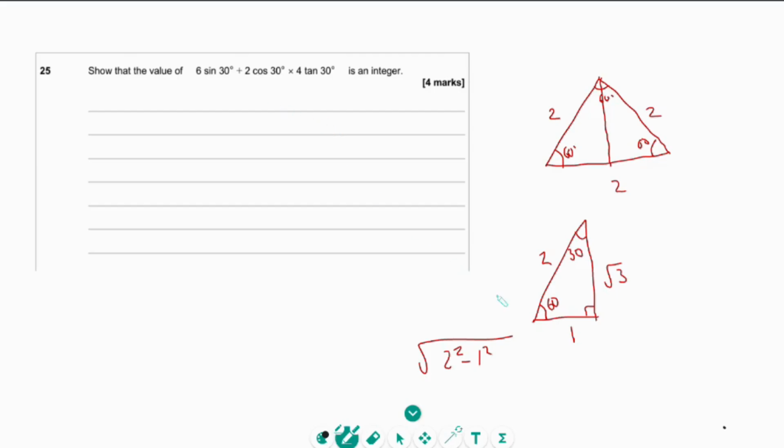6 sine 30. Sine 30 is opposite over hypotenuse, so I need 6 times half. Plus 2 cos 30. Cos 30 is adjacent over hypotenuse. And 4 times tan 30. Tan 30 is opposite over adjacent.